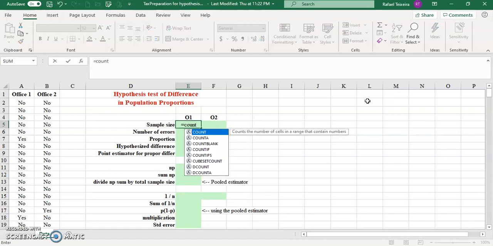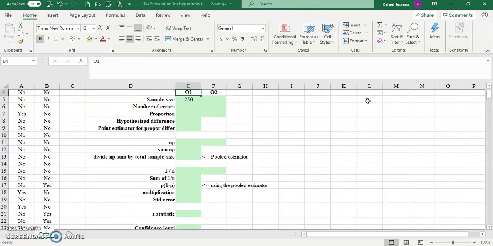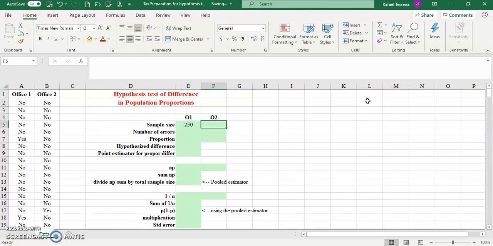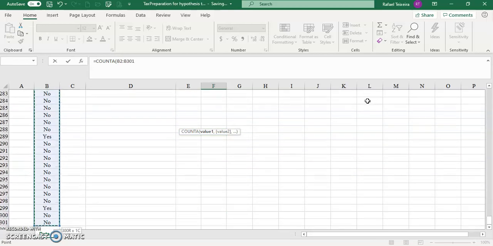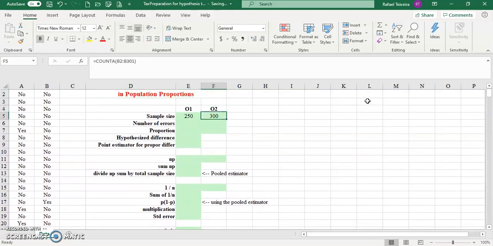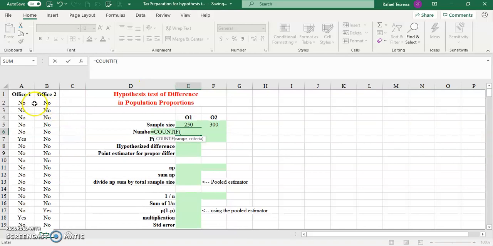The sample size is computed as COUNTA, and then I select the entire column, so 250, this COUNTA, I select everything, 300, okay? Number of errors, so I do COUNTIF, open parentheses, and then I have to select the range.